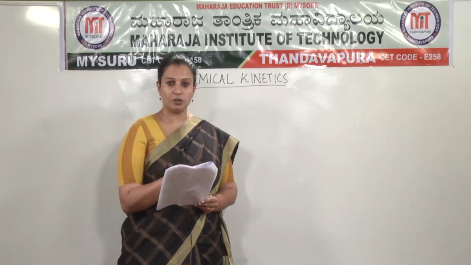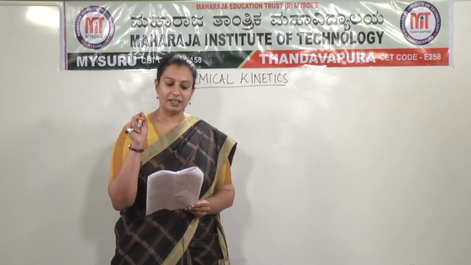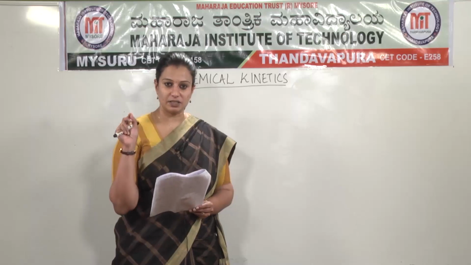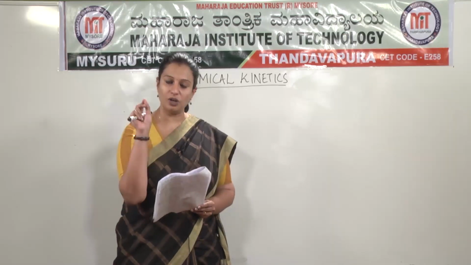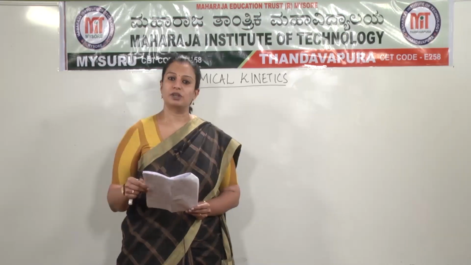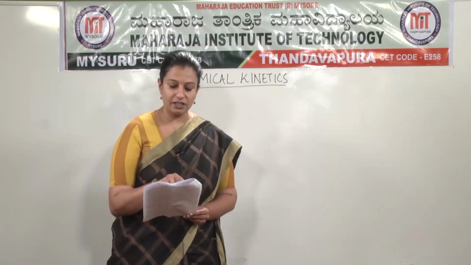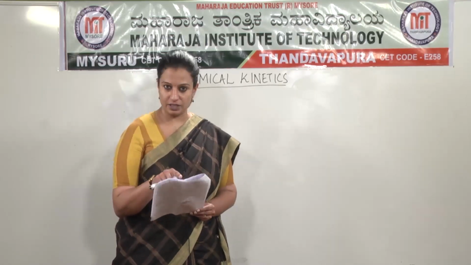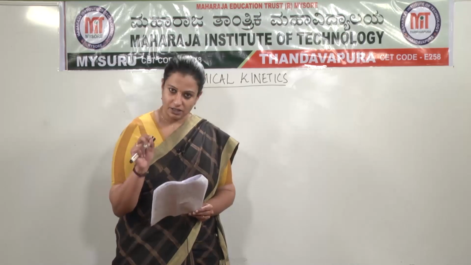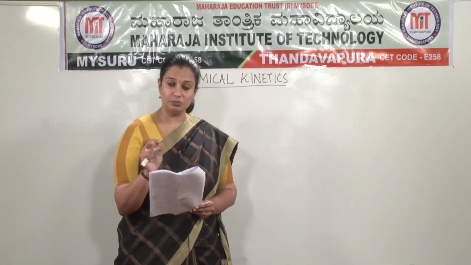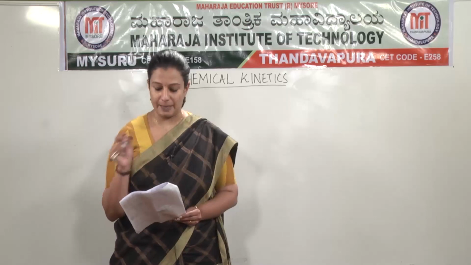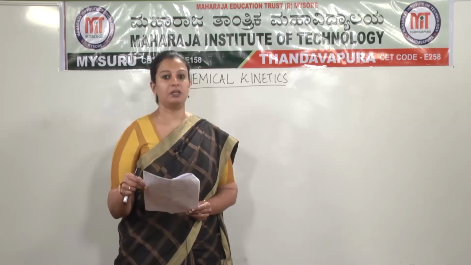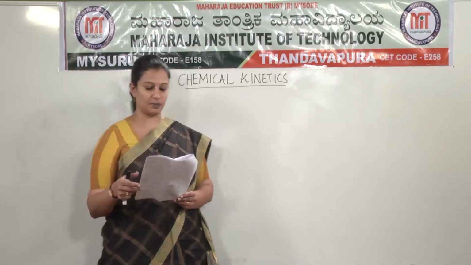Now, out of all the 4 options given, remember the rate of the reaction, whether you express it in terms of nitrogen or hydrogen or ammonia, would remain the same. So, if the rate of the reaction given in the question is 2.5 into 10 to the power minus 4, whether it is in terms of hydrogen or nitrogen or ammonia, the value would be the same. So, among the given options, option B is the correct answer. So, that's for the first question.